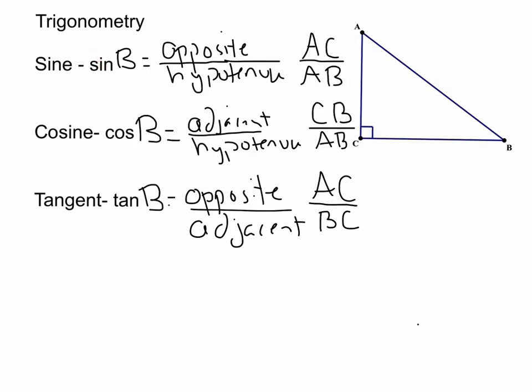For sine, we have S, O, and H. For cosine, we have C, A, and H. And for tangent, we have T, O, and A.